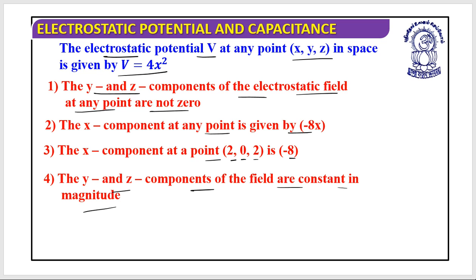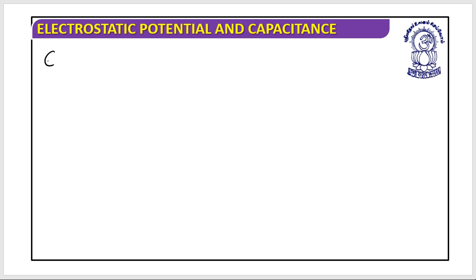That means they have given the potential and they want you to find the electrostatic field. So do I have any relation which can relate potential and electric field? Yes, I have it. E should be equal to minus dV by dx, or you can rather write it as delta V by delta x.